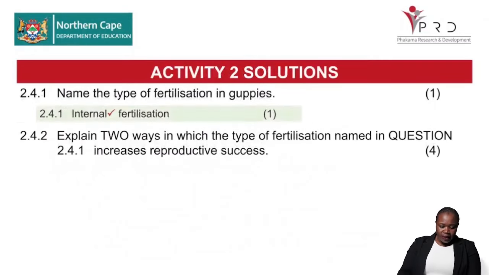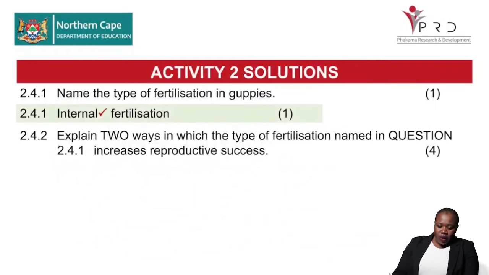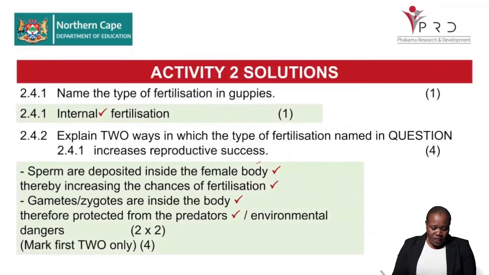Right. Secondly, it says, explain two ways in which the type of fertilization named increases reproductive success. Chances of fertilization are increased, and once fertilization has taken place, development is internal. Therefore, the young will be taken care of and protected from predators and any other environmental dangers that may occur.